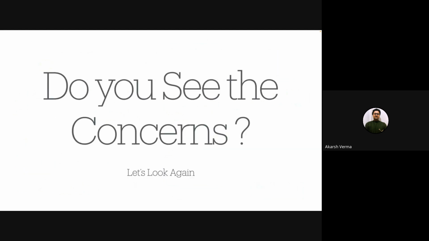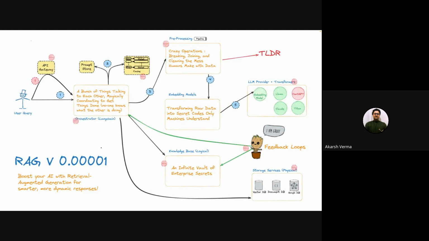But if you think about it and look again, see all of the additional red marks that are around the top of every block. There's literally a concern at each step. To give you an example, in the first step itself, we are used to just calling the orchestrator, but traditionally if you are building API based systems, there's a thought of an API gateway, which doesn't exist in most enterprises when implementing a RAG architecture or an AI system or building a platform.